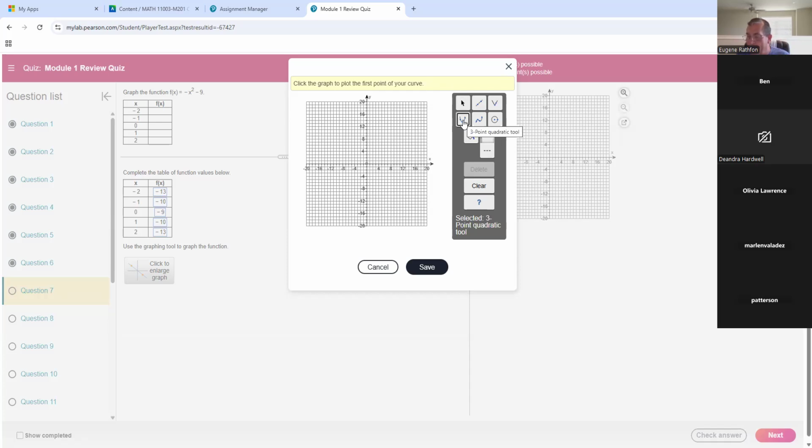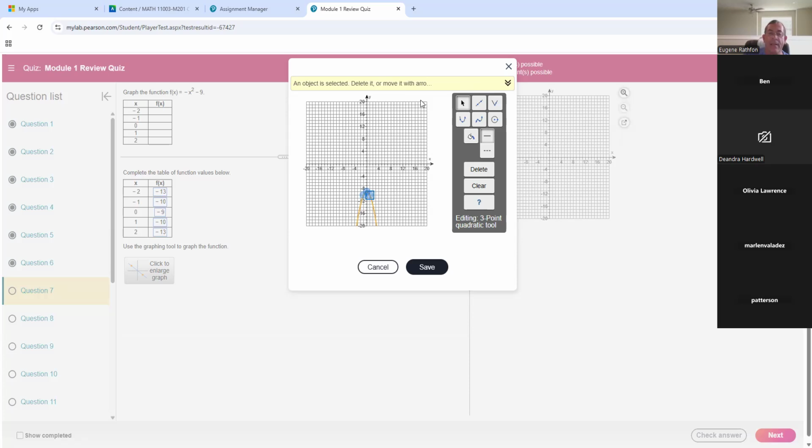You can pick any 3 points you want. So I'm going to do -1, -10. So go -1 down to -10. I'm going to do 0, -9. So 0 down to -9. And then I'll do 1, -10, and click. I got my 3 points plotted. So now I can move on to the next.